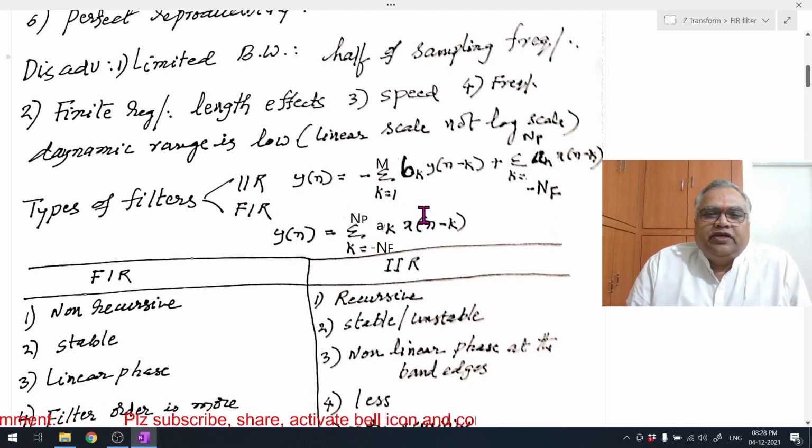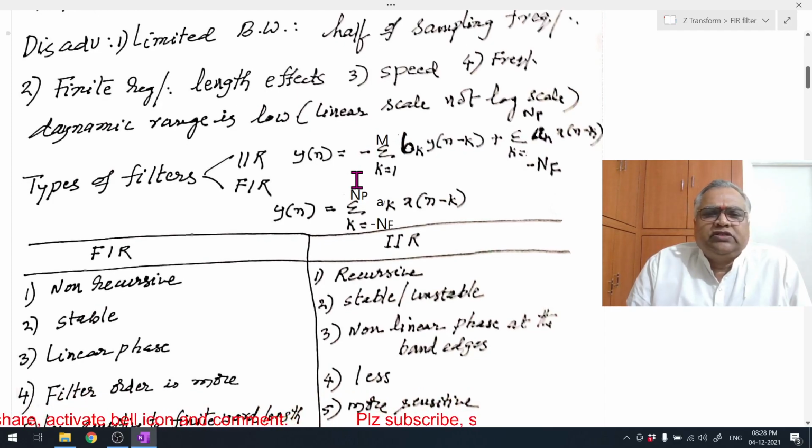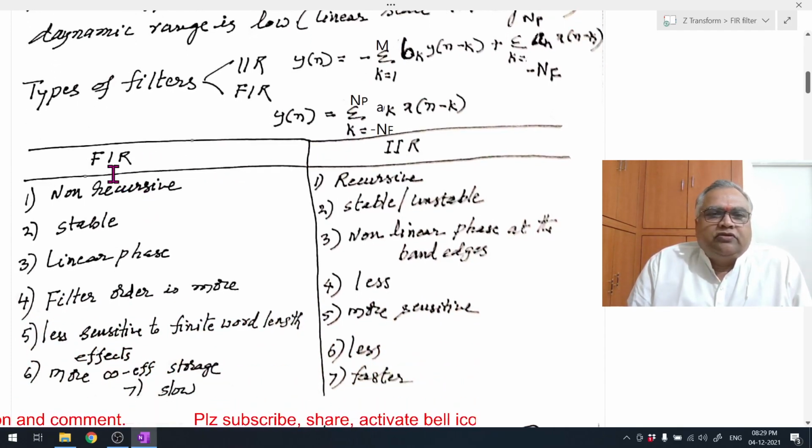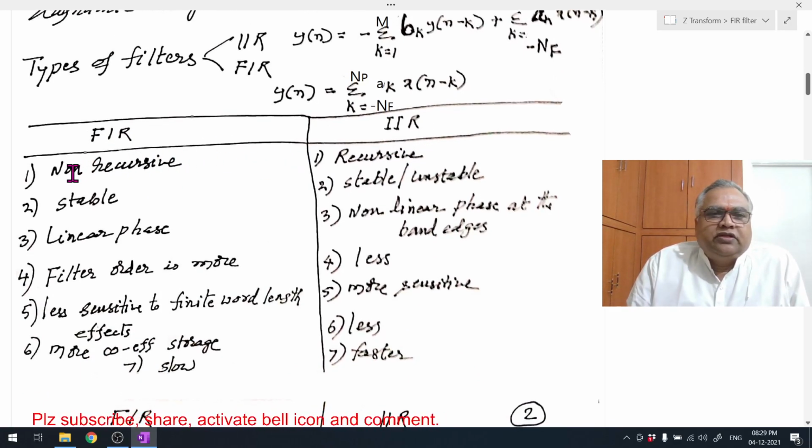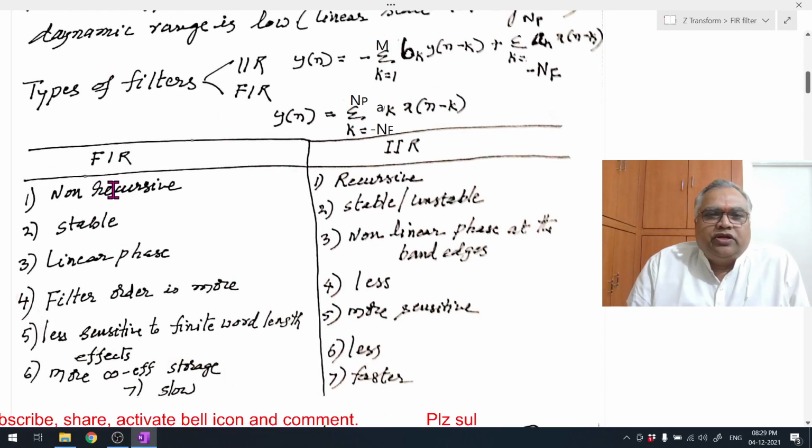So FIR is like a combinational circuit, IIR is like a sequential circuit, which you already studied in STLD. Now let us see some of the differences between FIR and IIR. FIR is non-recursive because the present output depends on inputs only.